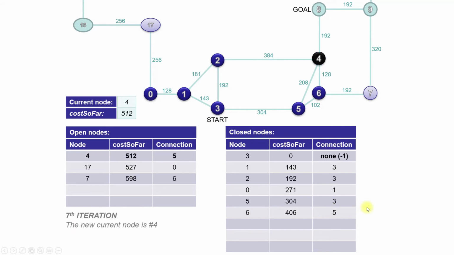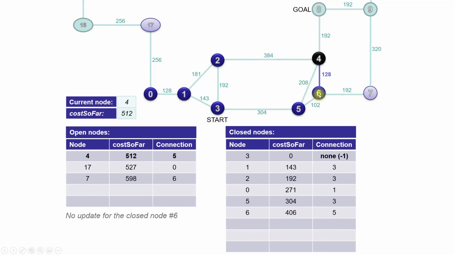Okay, and going on to the iteration number 7. The new current node is the node number 4. That's the node with the minimum cost so far, and the adjacent ones are number 2, but it is closed, so no updates. Number 5, another closed one, no updates.